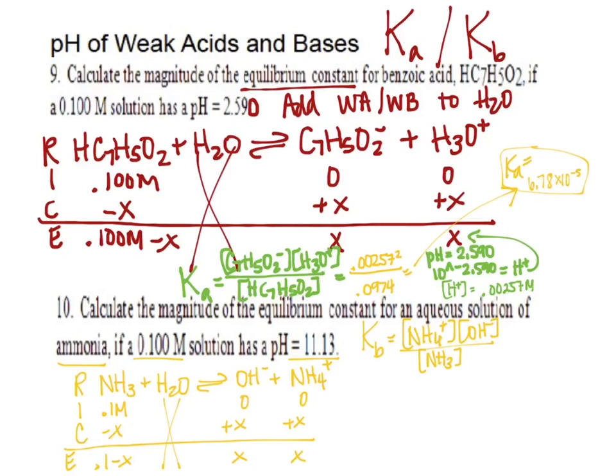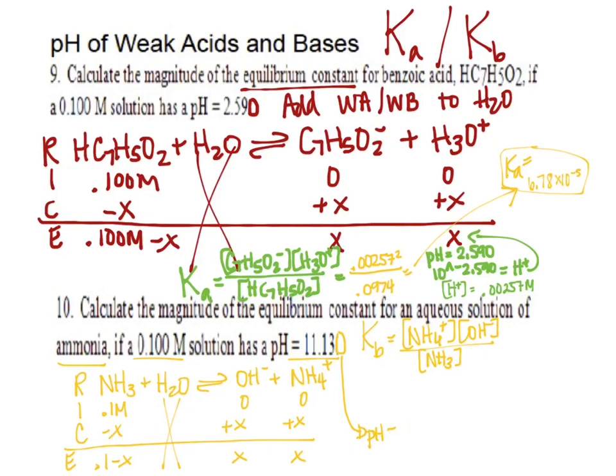Now the pH is 11, oh, I want to add another 0 there, so it's 11.130. So we're going to take the pH and that is, so pH is going to be equal to 14.